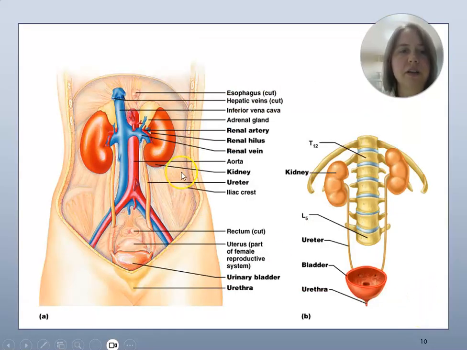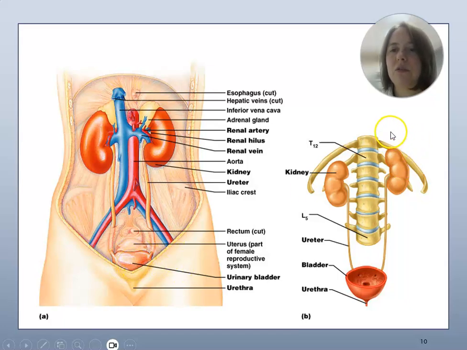So looking at another picture, we have your kidneys and the adrenal glands, and then you can see you have the aorta, the abdominal aorta, splitting off into blood vessels in arteries into the legs, and then coming back up, you've got some pretty big veins here. And then you can see the ureters ending in the urinary bladder.